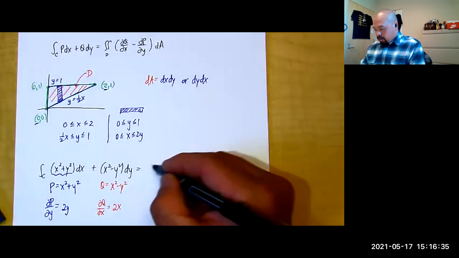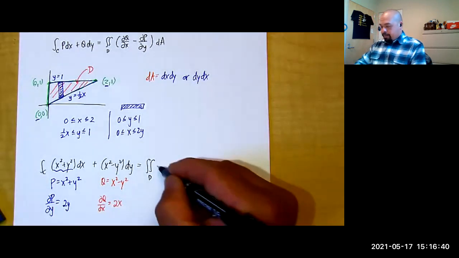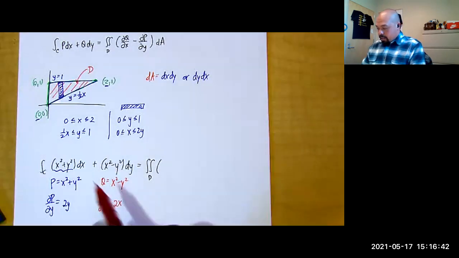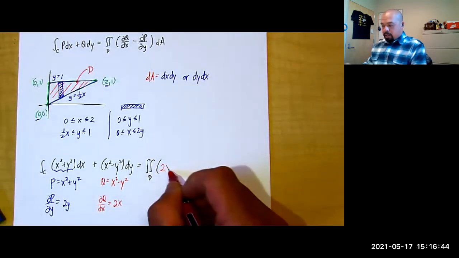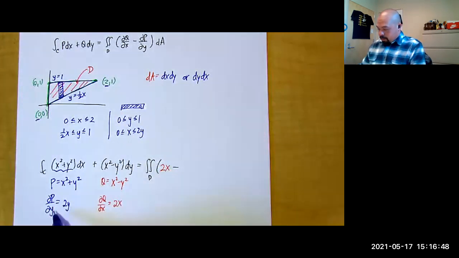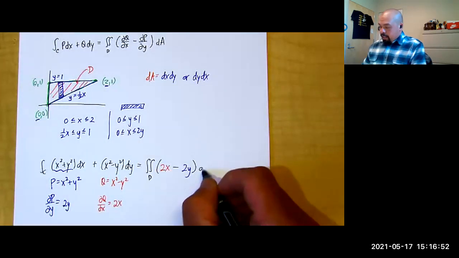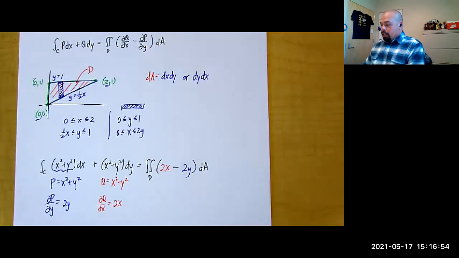So this becomes this double integral over the region D of dQ dx to x minus, so it starts off with a subtraction, dP dy, 2y, dA.